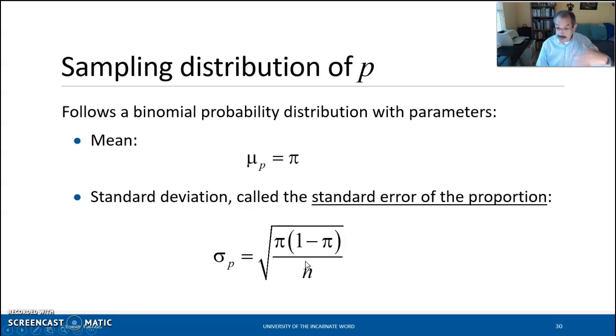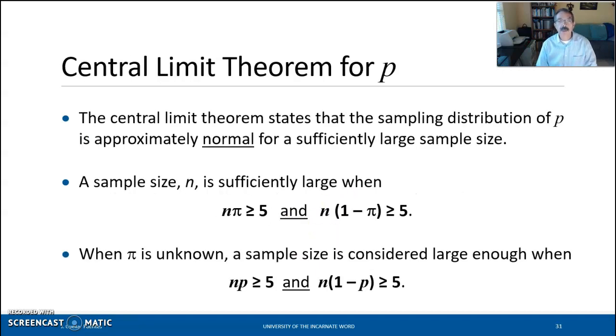So obviously the next question is, what is the shape of the sampling distribution of the sample proportion? Well, we go back to the central limit theorem for the sample proportion. It says that the sampling distribution of the sample proportion is approximately normal as long as the sample size is sufficiently large.